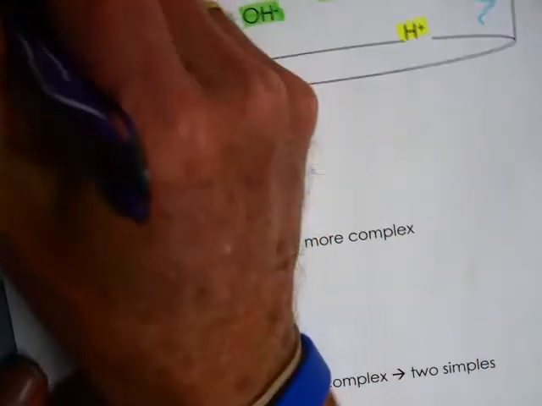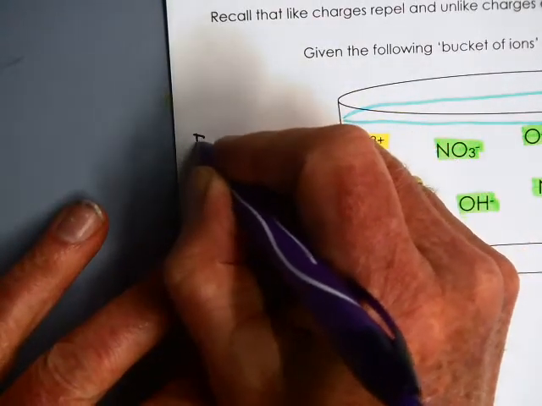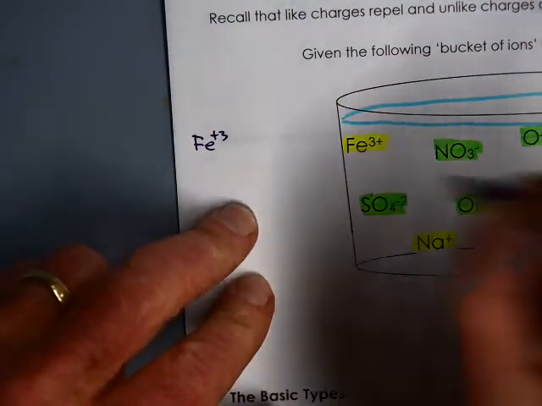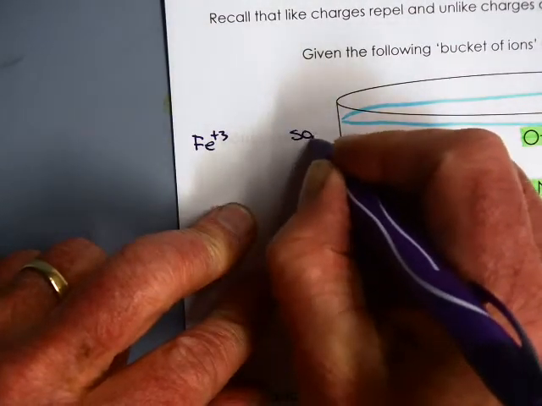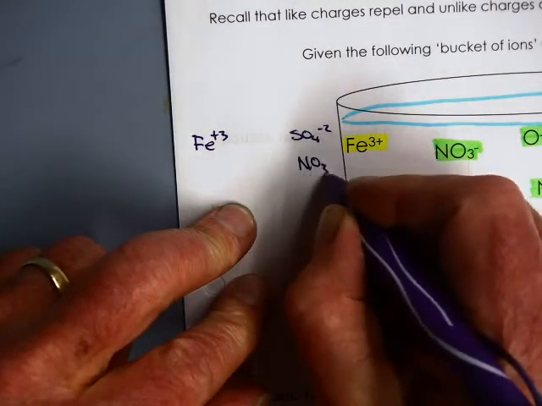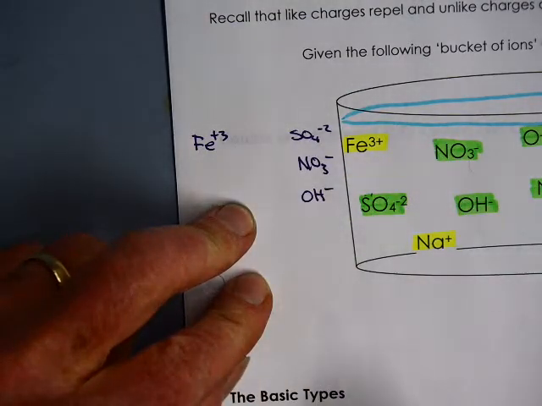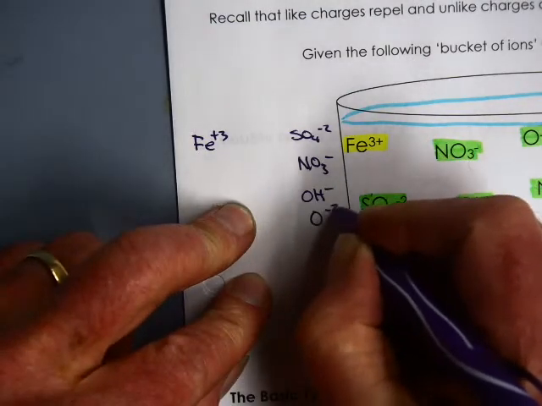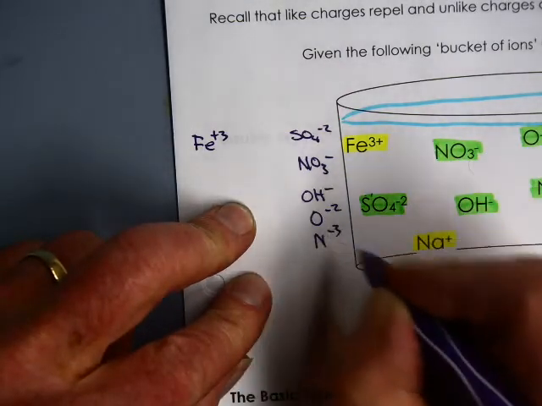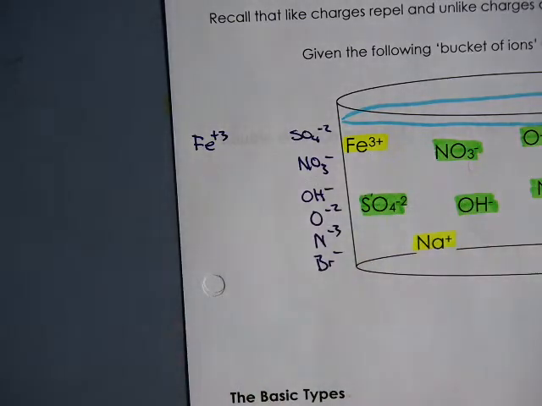So here we have, and what do we have? We've got SO4 minus 2, NO3 minus 1, OH minus 1, O minus 2, N minus 3, and Br minus 1.